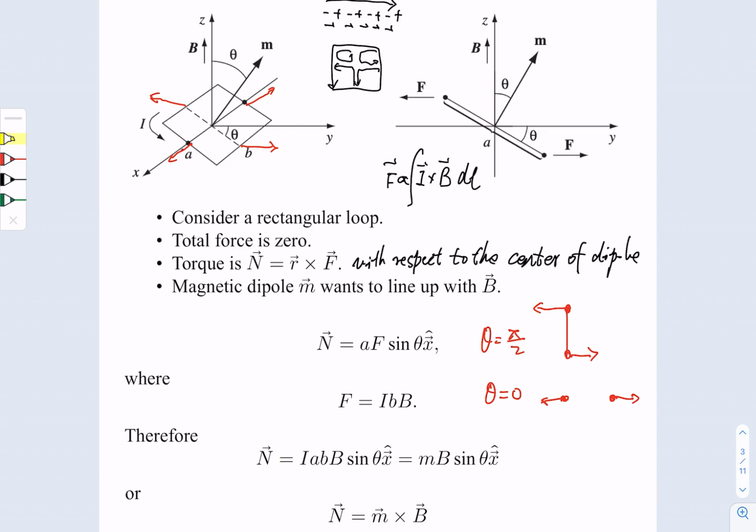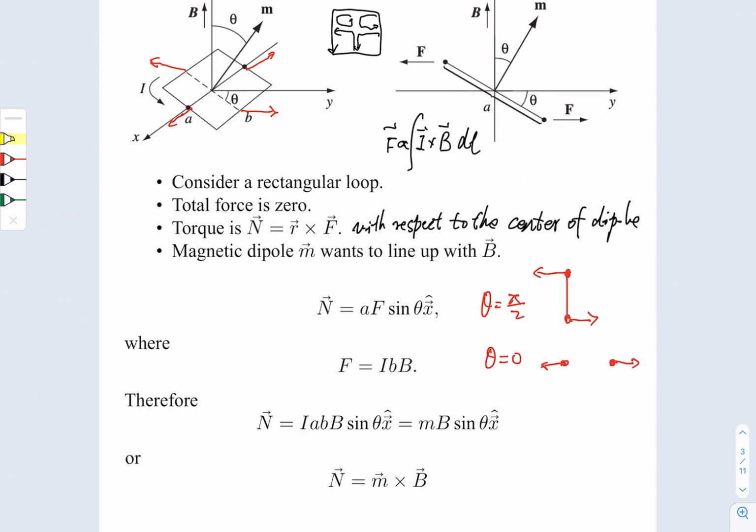Here I times AB is the total current times the area of this rectangle, and you can combine this into the total magnetic dipole moment M, and this sine theta can be expressed as a cross product.